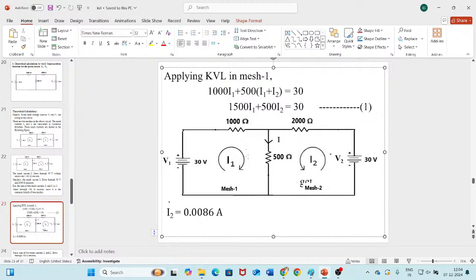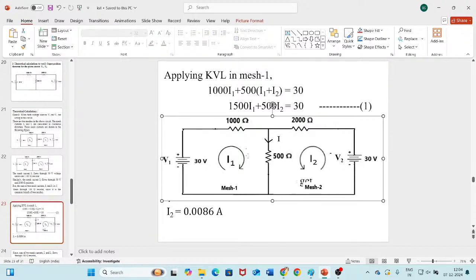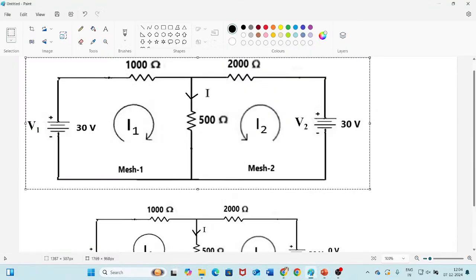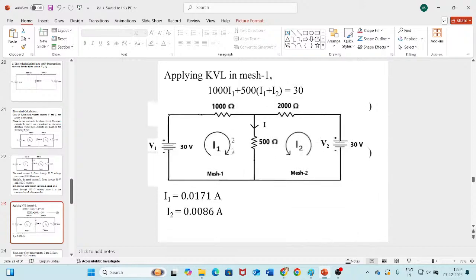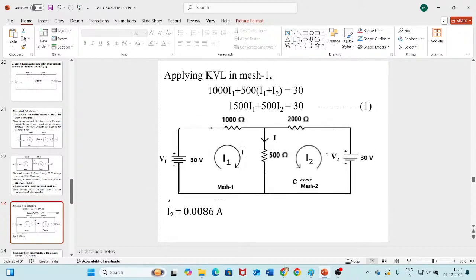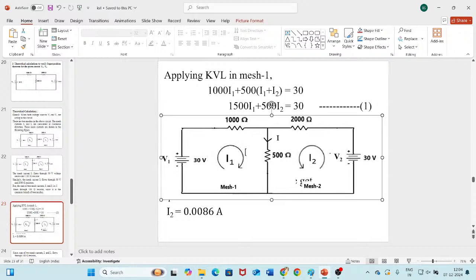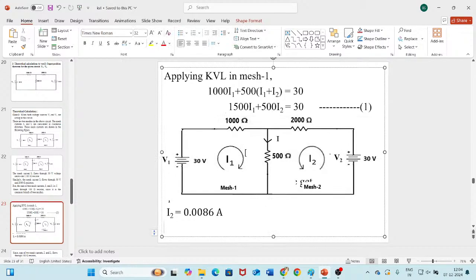What is there in mesh 1? You just observe in mesh 1. What are all the elements that are available in mesh 1?